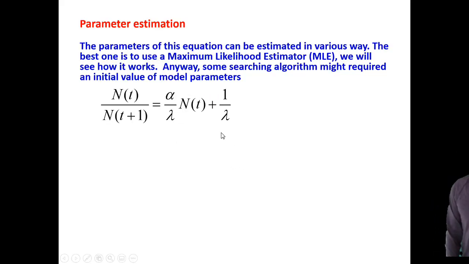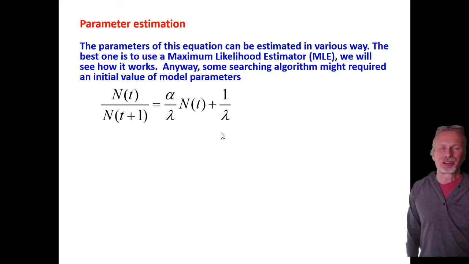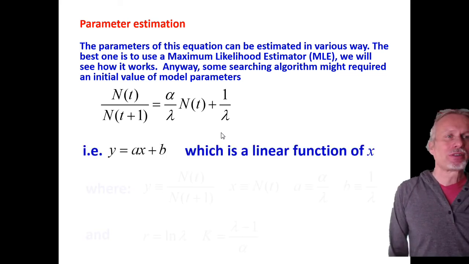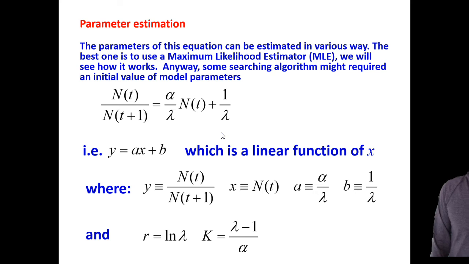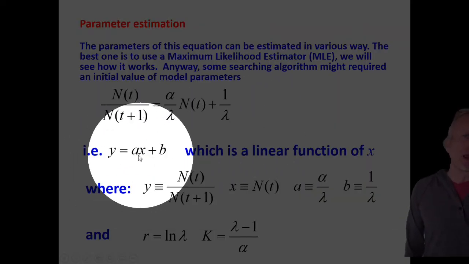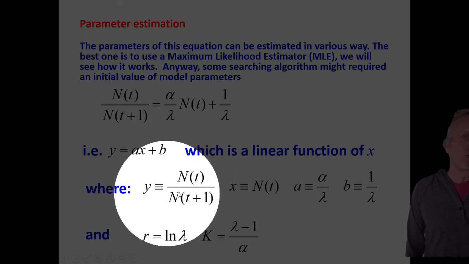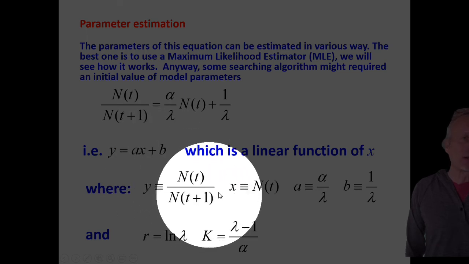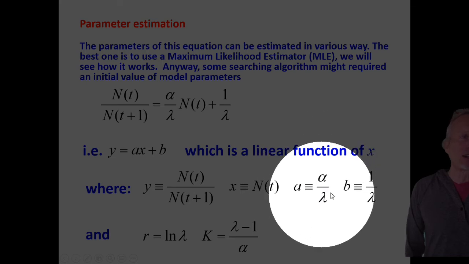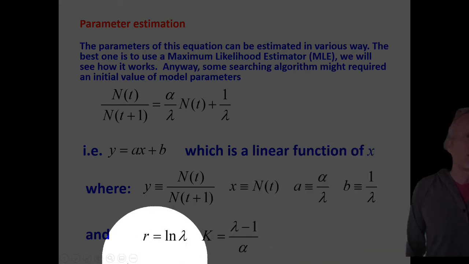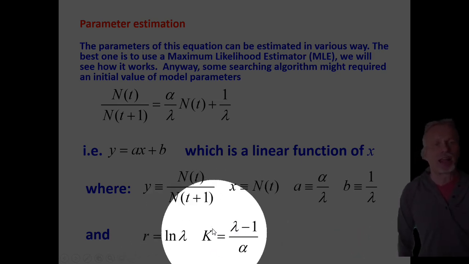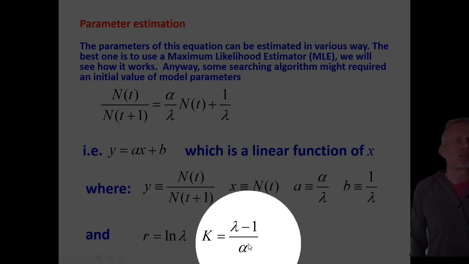You should recognize that this is actually the equation of a straight line, y equal to ax plus b, where y is equal to Nt divided by Nt+1, x is equal to Nt, a is equal to alpha divided by lambda, and b is equal to 1 over lambda. And r is, of course, the logarithm of lambda, and K is equal to lambda minus 1 divided by alpha.